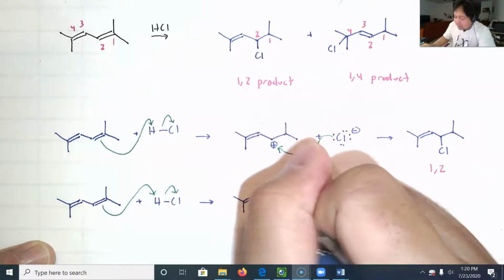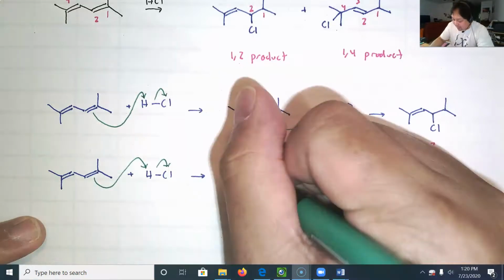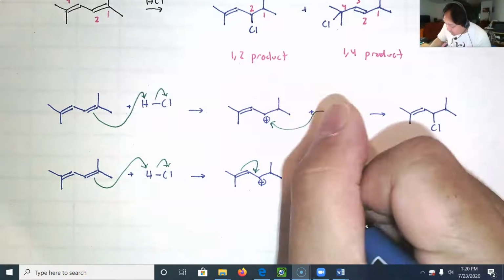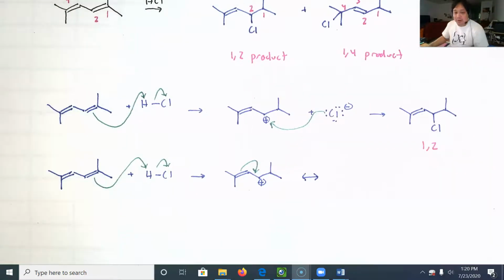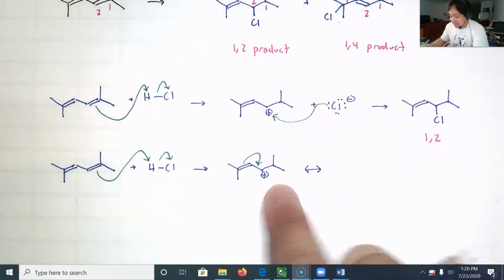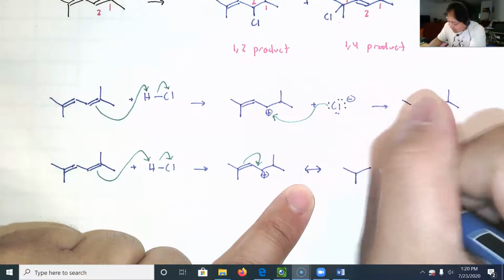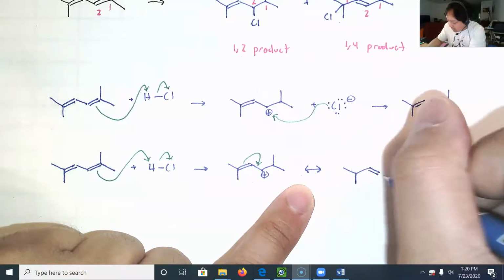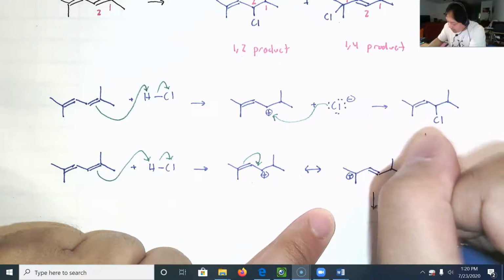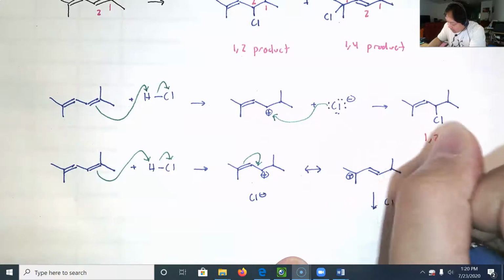Now I want to get to the 1-4. So yes, this is considered part of the mechanism, the resonance in this case. Just make sure that you know and that your grader knows that you know that this is resonance. So you have this double-headed arrow. But we need to draw this to be able to draw our 1-4 product.